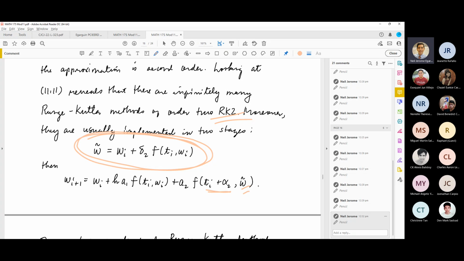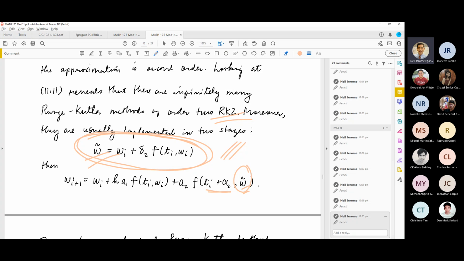Tapos, kung babalikan nyo yung pinaka-format natin sa Runge-Kutta methods, ito ang naka-plug in dun sa isang function evaluation. So para lang maging organized yung computations, kaya gagawin natin siya in 2 stages. So first, you implement Euler's method, pero per time step to. So if you're on time step t sub i, kukomputin mo muna si w tilde. Para nag-Euler ka lang sa isang particular time value with step size delta over 2.